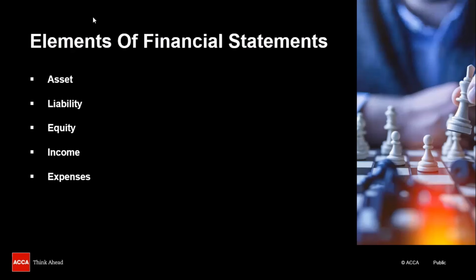So it is very important to see that there are 3 major parts of this definition: a present economic resource, controlled by an entity, and arising as a result of a past event. An economic resource also shows any kind of inflow of economic benefits. Now, this definition is applicable everywhere where we are talking about the recognition of assets in our financial statements.